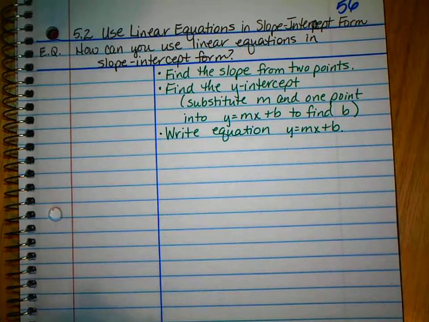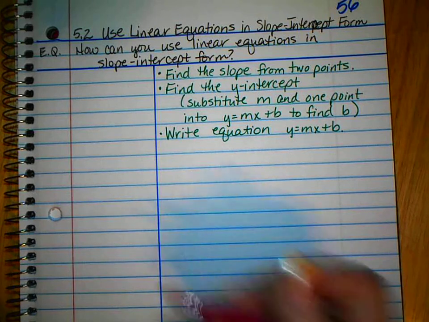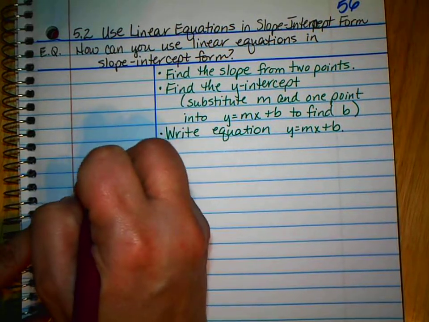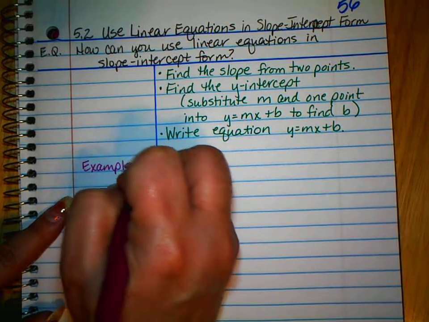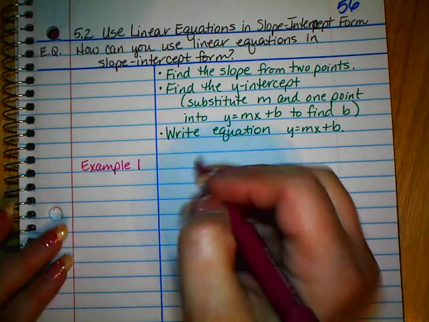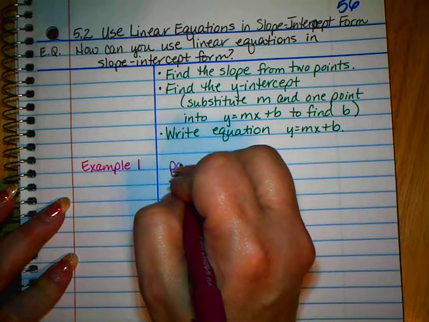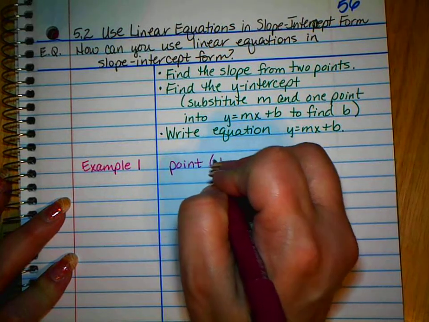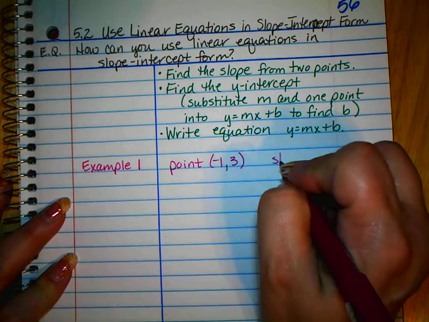So let's start with our first example. And here we're given a point and the slope.